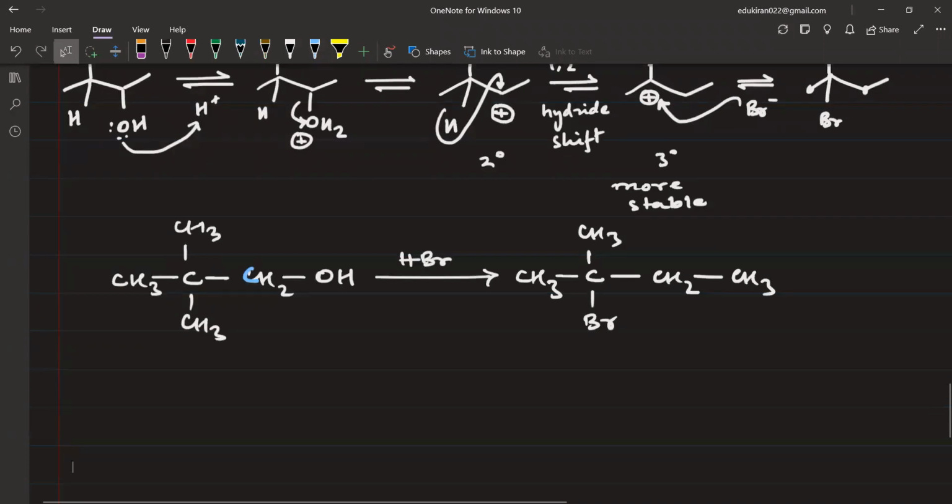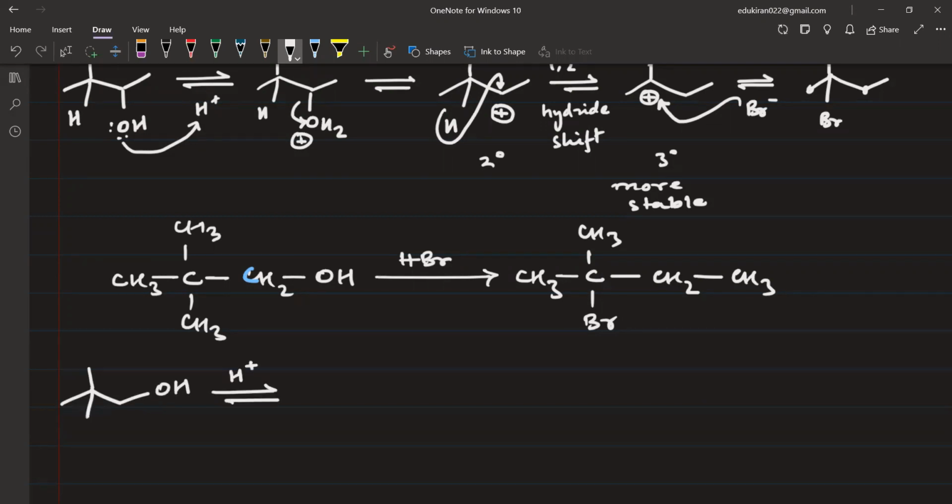So initially I will start the same, with 1, 2, 3 carbon atoms only. Further, it has a bond with OH. And this second carbon has one CH3 group and then another CH3 group. First of all, the reaction will happen with the presence of HBr.